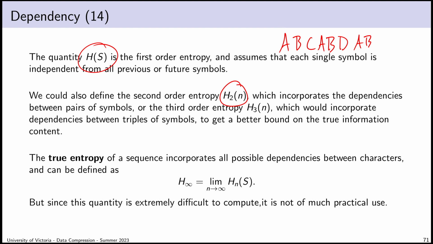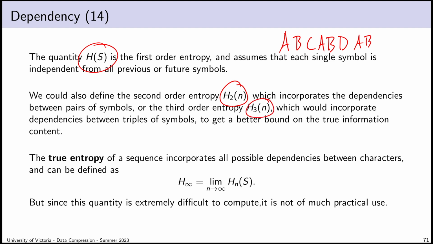Second order entropy is computed based not only on the probability of one symbol occurring, but on the probability of various two symbol things occurring. Two symbol pairs in a row, two symbols that are separated by 1, two symbols that are separated by 4 or whatever, or 5. So second order entropy incorporates dependencies between various pairs of symbols.